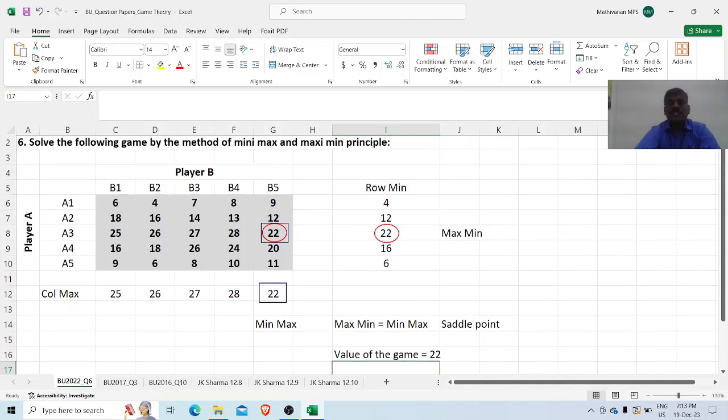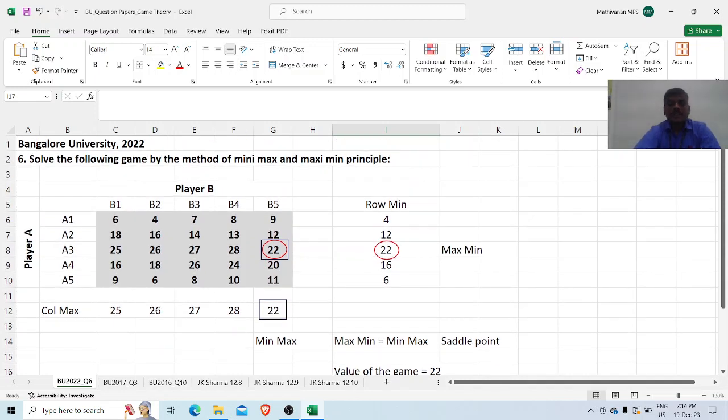Here we also notice that player A is going to gain 22 points. That means player B is going to lose 22 points. When the gain of one player is equal to the loss of the other player, the game is also called a two-person zero-sum game.